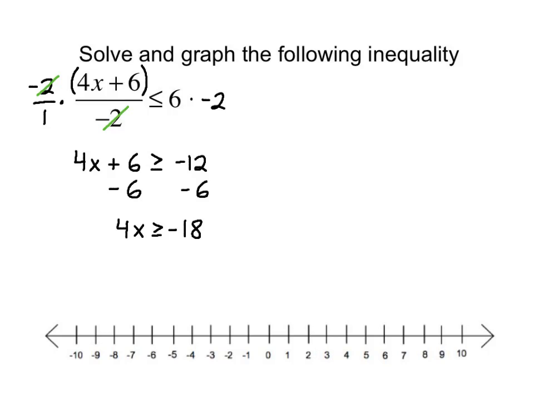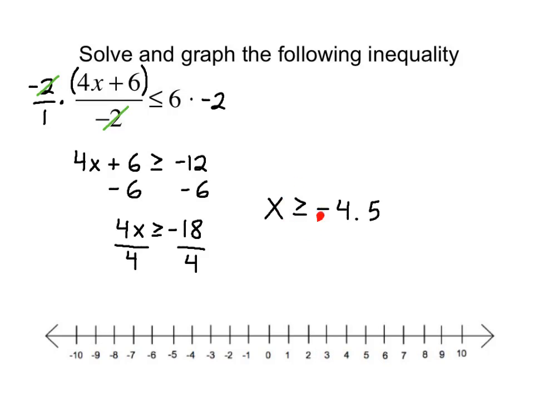So then the last thing I need to do here is do the inverse of multiplication, which is division. So if I divide by 4, I'm going to end up with x is greater than or equal to negative 18 over 4. Or in other words, x is greater than or equal to, if I make 18 over 4 a decimal, about negative 4.5. Now if we look at the inequality symbol, we can go ahead and graph this now.